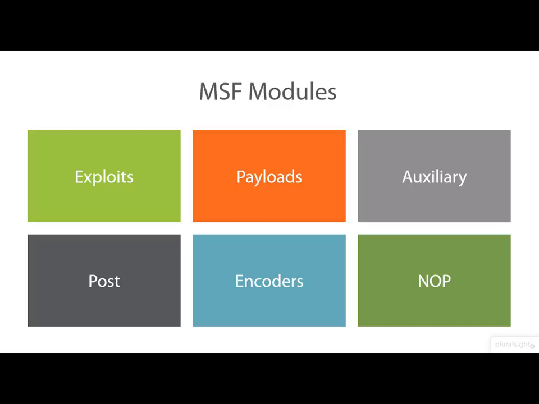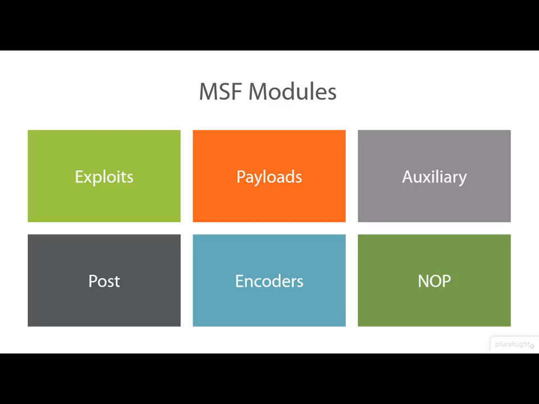On the other hand, passive exploits wait for incoming hosts, such as web browsers or FTP clients, and exploit them when they connect. Payloads are the malicious code that implement commands immediately following a successful exploitation.